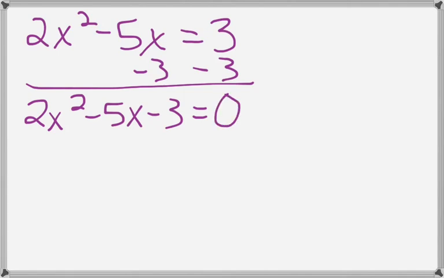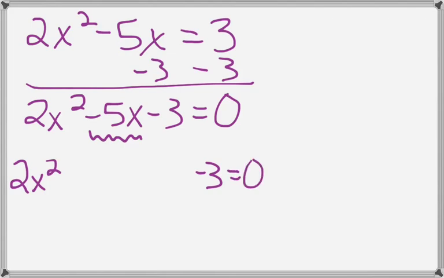Now that the other side is 0, we can start working on factoring the left side so that we can use our zero product property. So to do this, we want to split up this middle term. We're going to keep the first term the same. We're going to keep the third term the same.